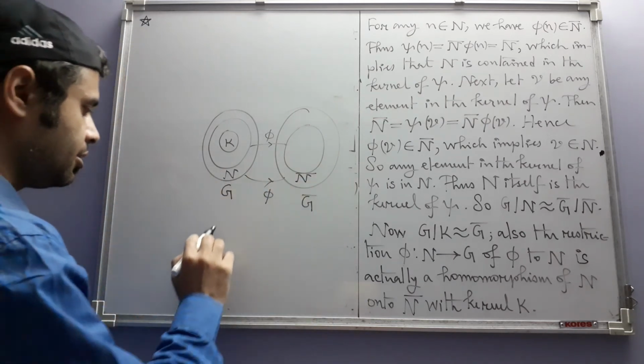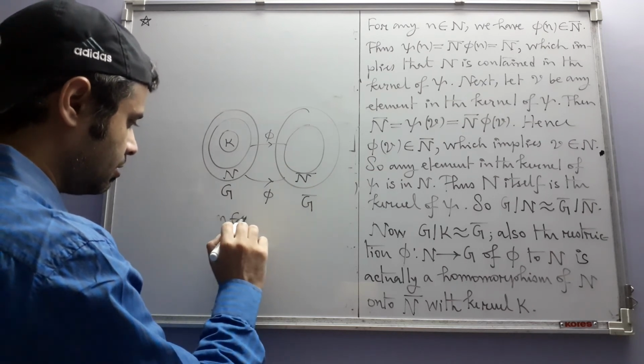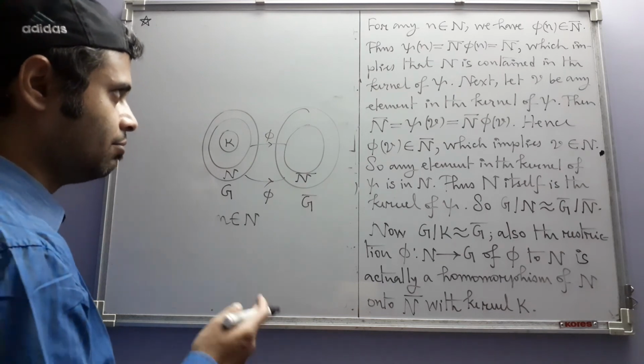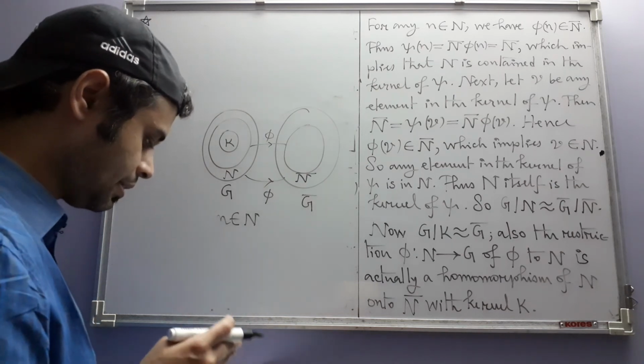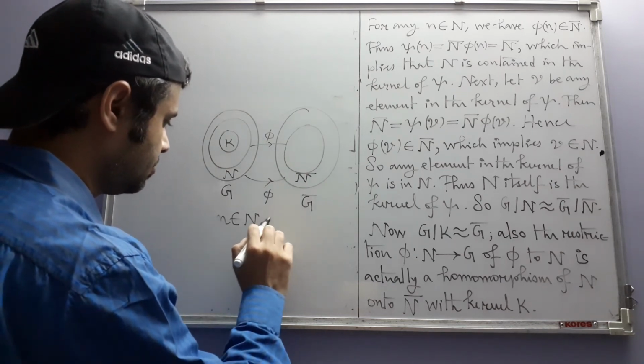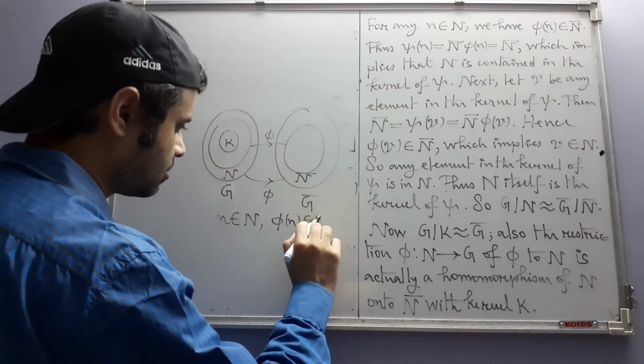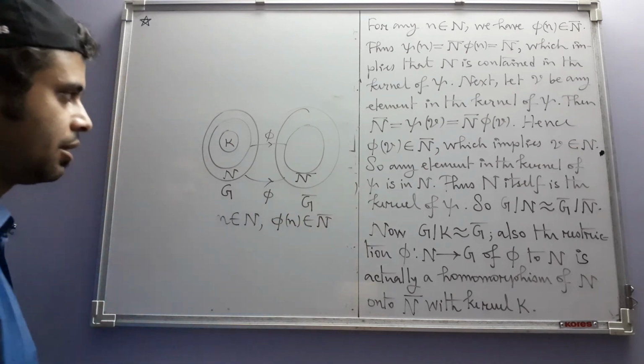You see, if you take any element in N, then by the very definition of N, the way we have defined N in the statement itself, its phi image must belong to N bar.